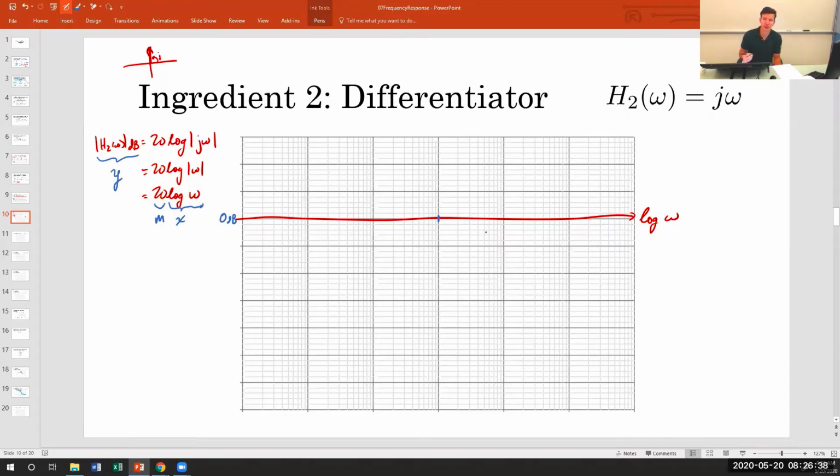What number, when I take its logarithm, doesn't matter what base, do I always get 0? Oh, 1. Yeah, so this is 1 radian per second. Good. So this is now a slope of 20 passing through this point.